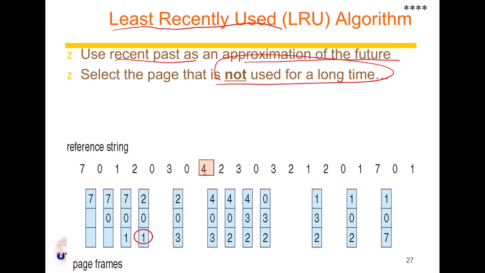Same thing: we will look backwards. 2 was used that many references ago, 0 was used just in the previous page reference, and 3 was used 2 pages ago. So again, what we are going to do is pick the one that was used the longest time ago. So we will pick 2 and replace that page with 4.